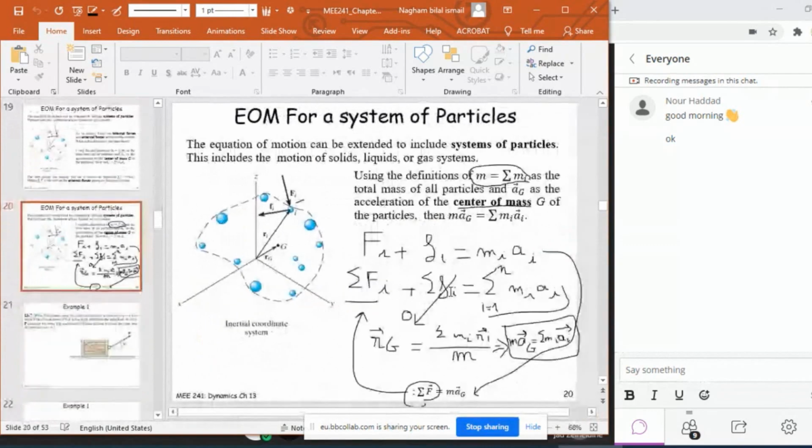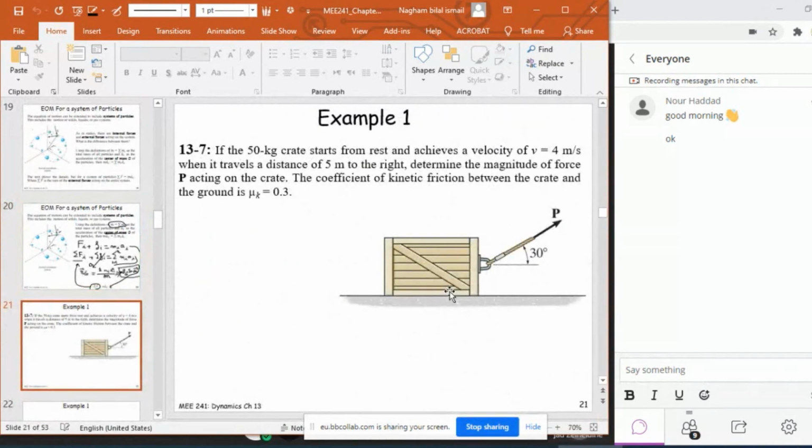This is a very simple problem where I have a 50 kilograms crate starting from rest. Starting from rest means V0 is equal to 0, and achieving a velocity of V equal to 4 meters per second when it travels a distance of 5 meters to the right. So after a delta S equal to 5 meters, the velocity will be equal to 4 meters per second.